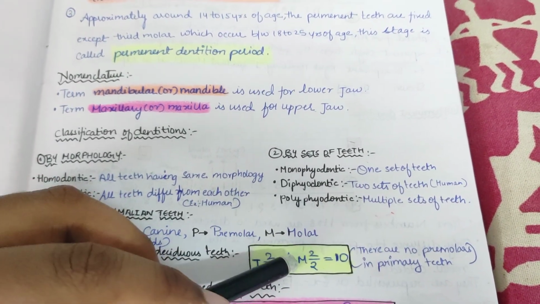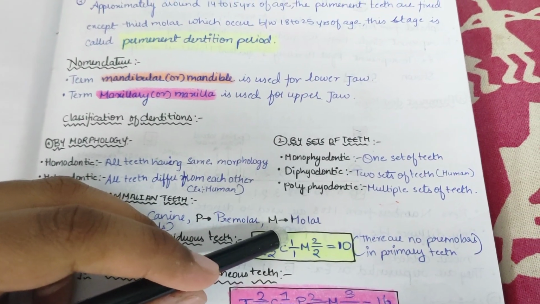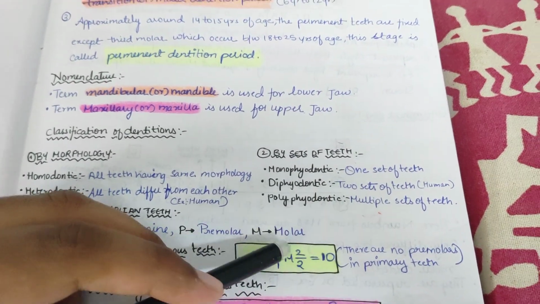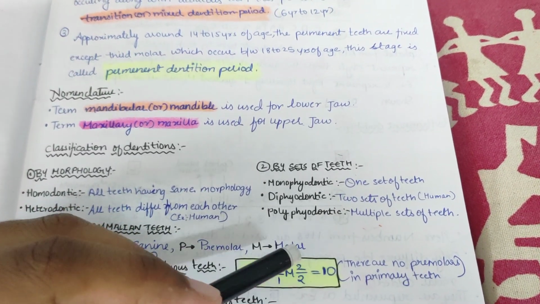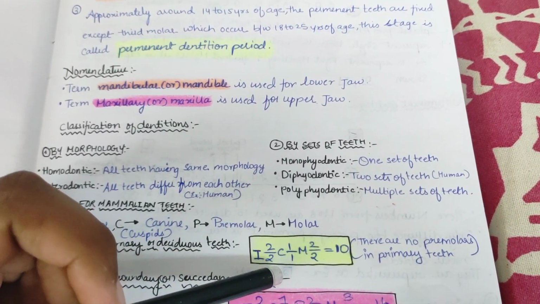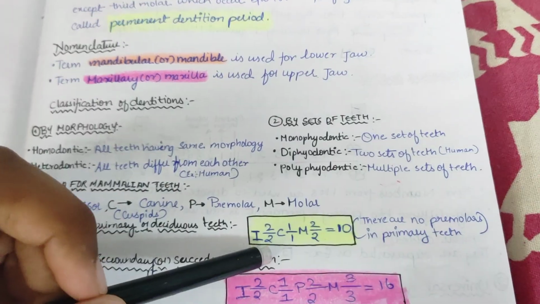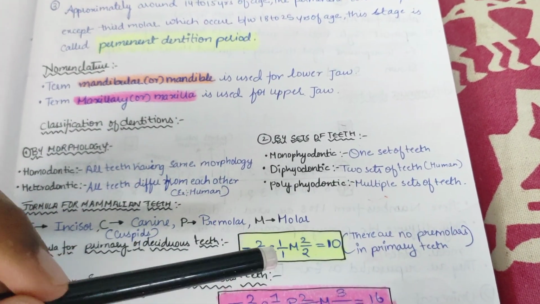And C 1 by 1, canine one in the maxilla and one in the mandible. Molar, two in maxilla, two in mandible. Here you can see the premolars are absent. So the formula is 2102 by 2102 equal to 10.